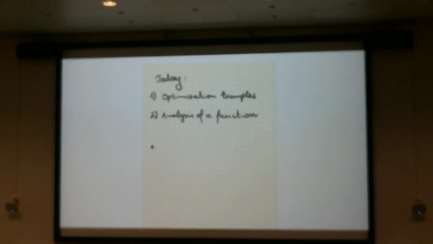So the question is: finding the formula for the tangent line. We know how to find the slope of a tangent line at a specific point. It's just the derivative of a function at that point. But once we know the derivative, how do we find the function for the tangent line, or formula for the tangent line?